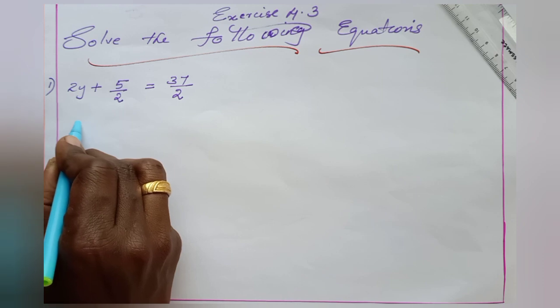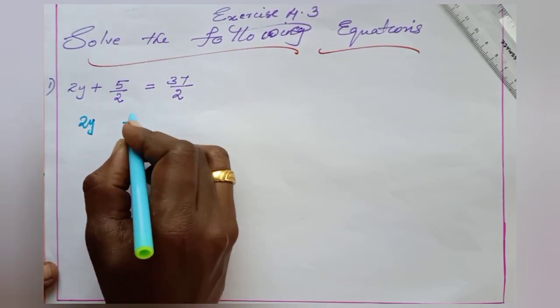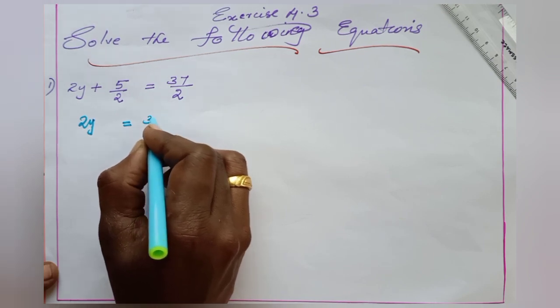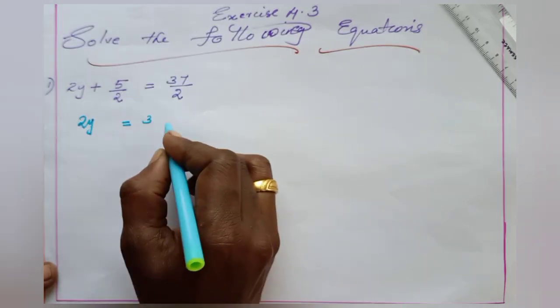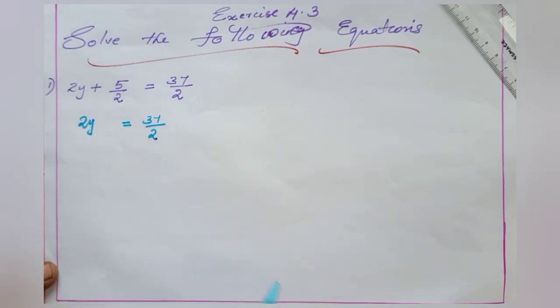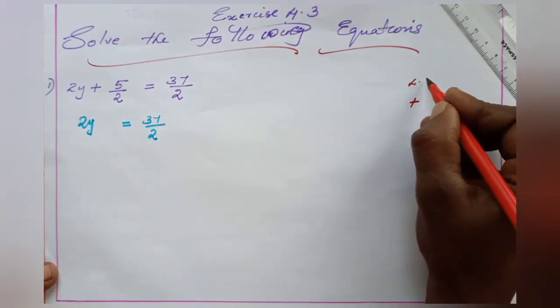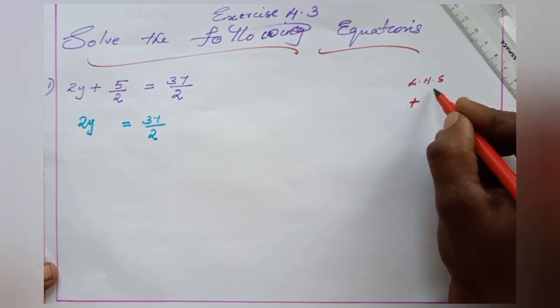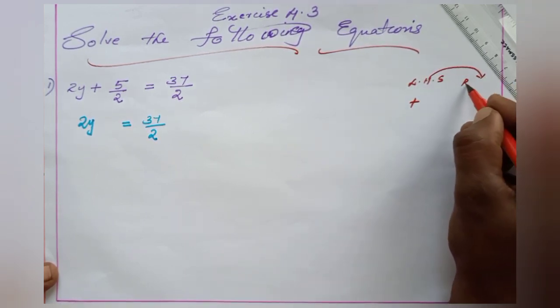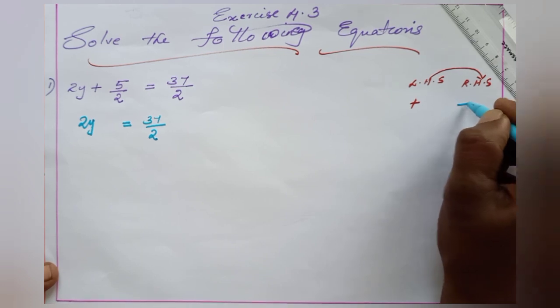So first step is transpose positive 5 by 2 from LHS, left hand side, to RHS. When we transpose positive numbers from left hand side to right hand side, the sign is reversed. Positive is changed into negative.